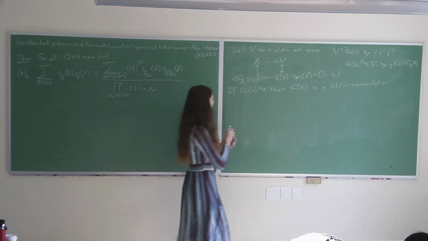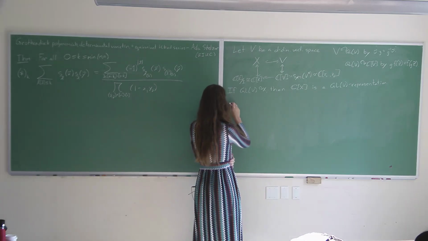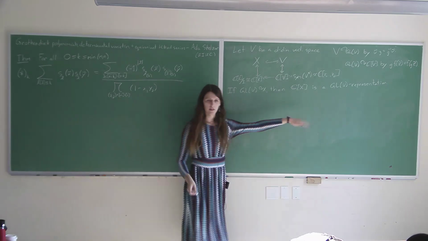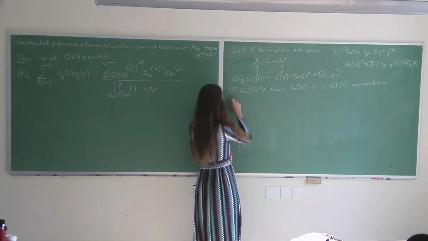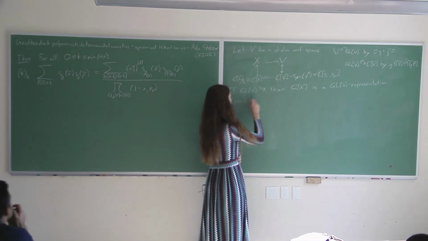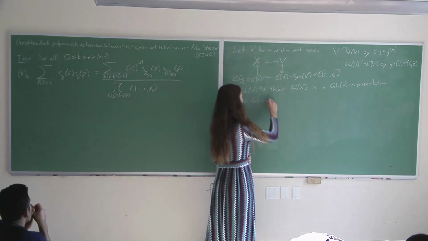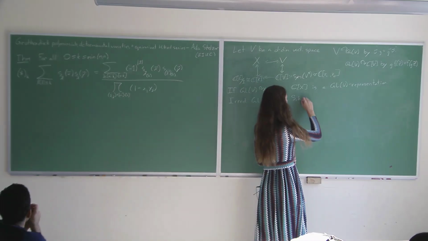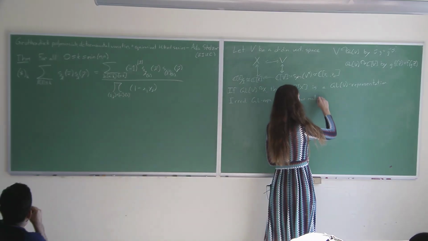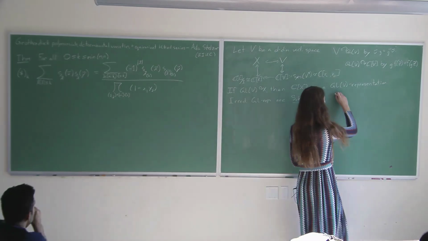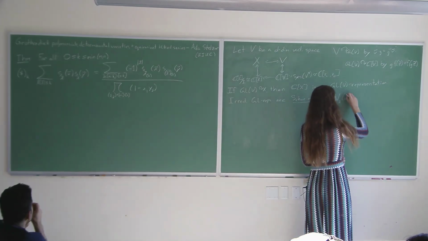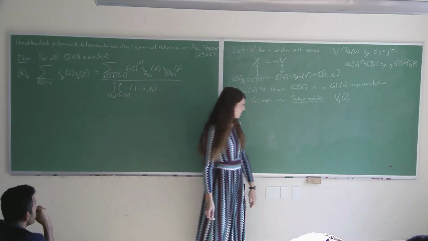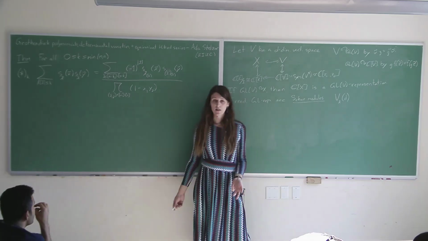Okay, great. So what's the takeaway here? Well, I said that the GL representation theory is very well understood. We know that the irreducible GL representations are these things called Schur modules, which I'm going to denote V lambda of D, because it's a representation of GLD, where lambda is a partition that has at most D rows.